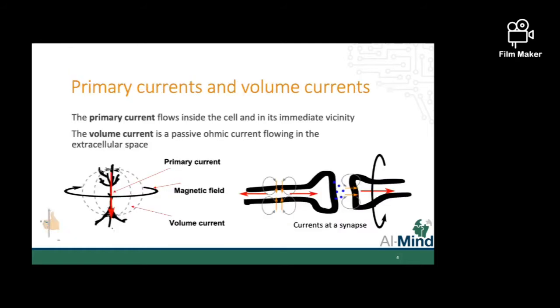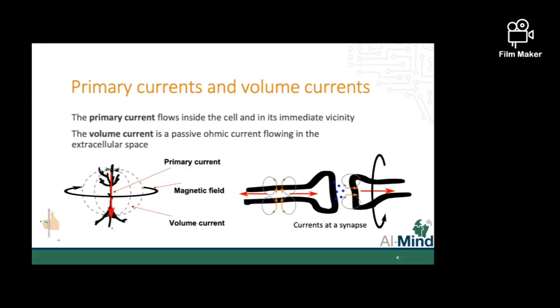So first, a bit about what type of currents we have in the brain. When looking at MEG and EEG, it is beneficial to separate the currents that flow in the brain into primary currents and volume currents. The primary current is the current that we are interested in.